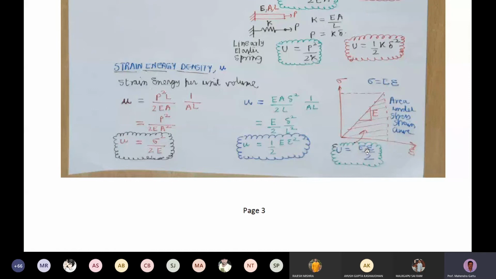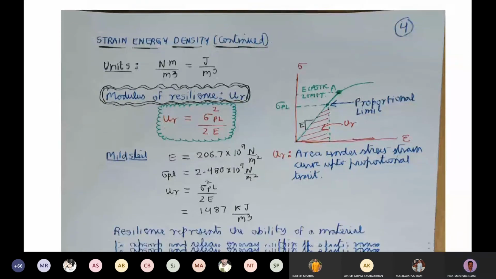Now we'll discuss the units of the strain energy density. What are the units? We have calculated the strain energy. Strain energy is the work done. Work done is force into displacement, and strain energy density will be work done per unit volume. So it is Newton meter per meter cube.